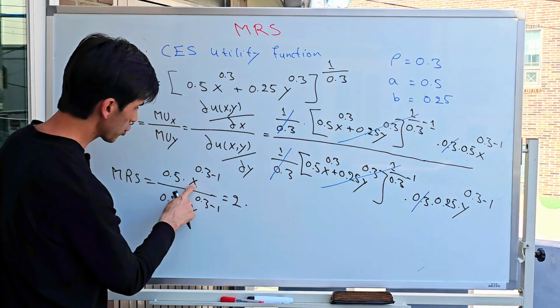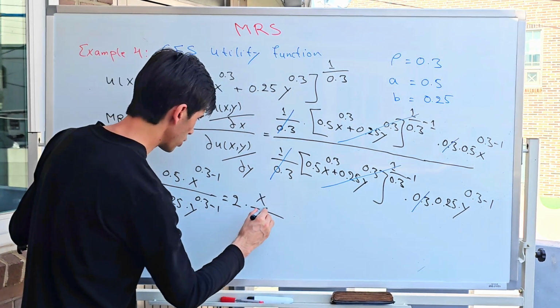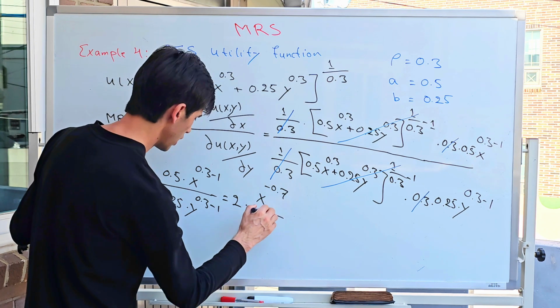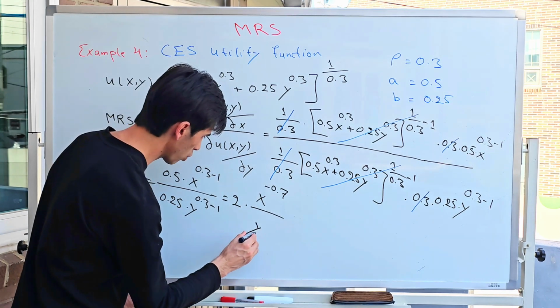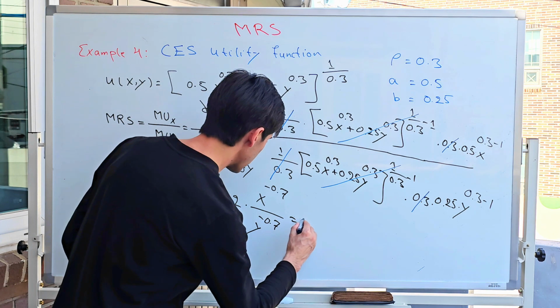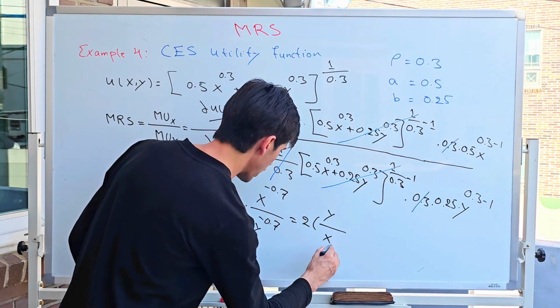Then x to the power of 0.3 minus 1 is equal to x to the power of minus 0.7, and y to the power of 0.3 minus 1 is equal to y to the power of minus 0.7. So finally it is equal to 2 multiplied by y divided by x.